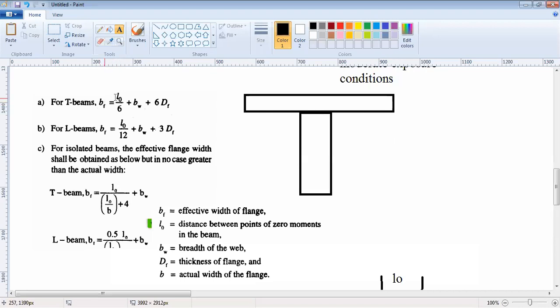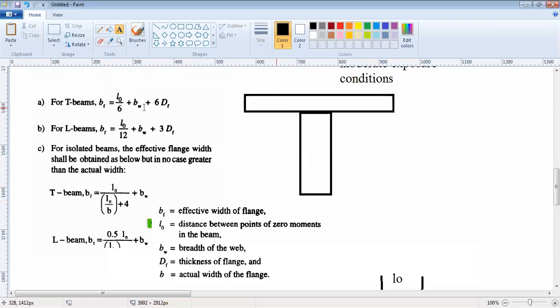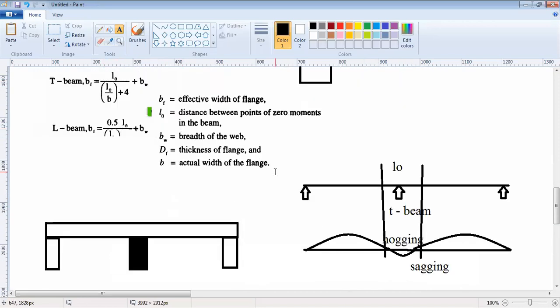Now, then your BF is L naught by 6, L naught, which I showed you, plus BW. But how does it take it as L naught? I don't think it takes it like this when you have, just a minute. Let me check the code again.